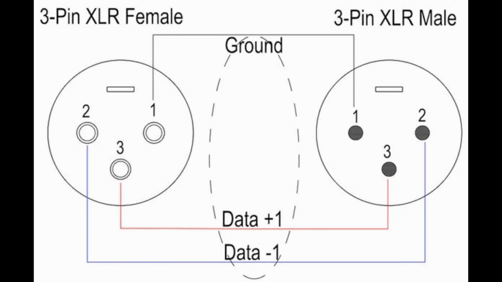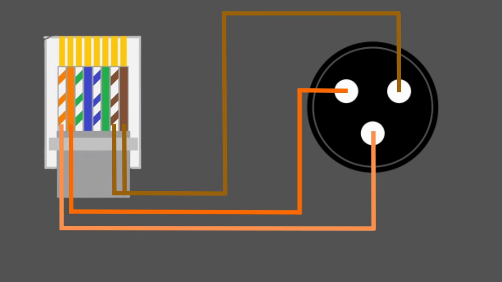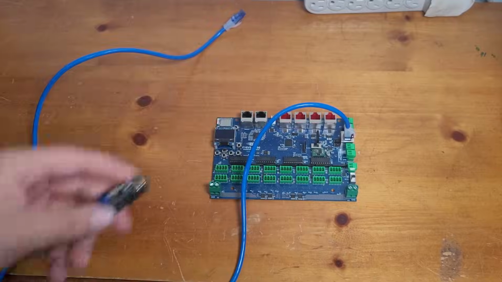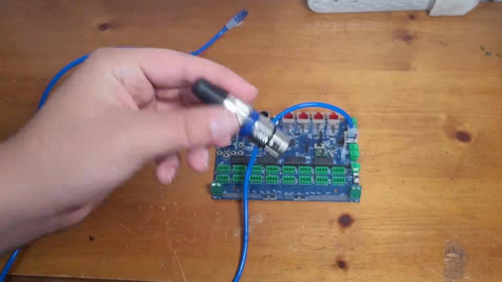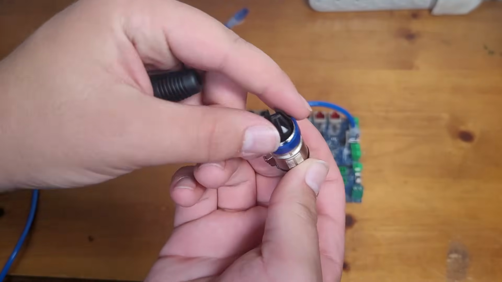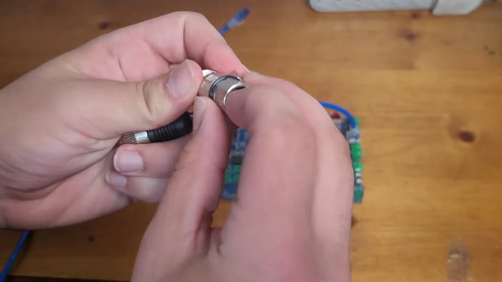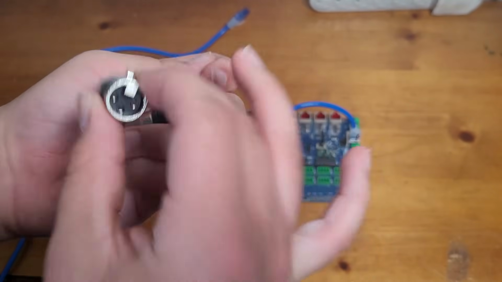You can then look up a pinout for the XLR connectors, and we can see here which ones are the data positive, data negative, and ground wires. And we'll cut an end off an Ethernet cable and connect the correct wires to the correct pins. You can buy XLR connectors themselves that don't have wires on them, and then you can unscrew it to access the insides, pull all of this stuff off, and push this little black piece in if it'll come out.